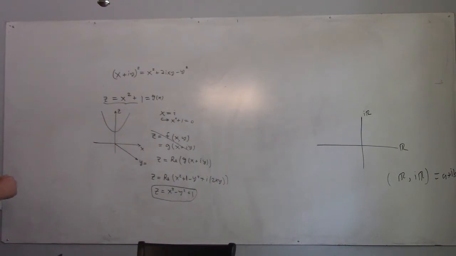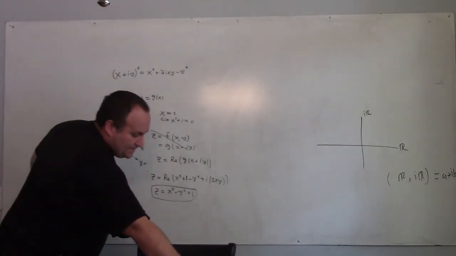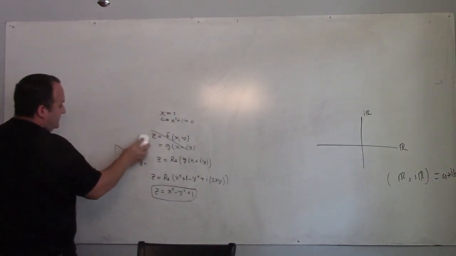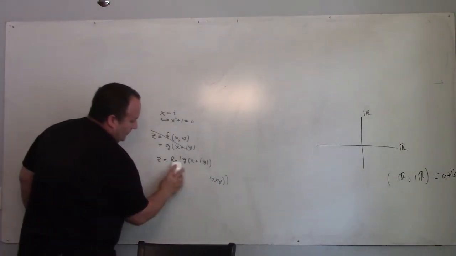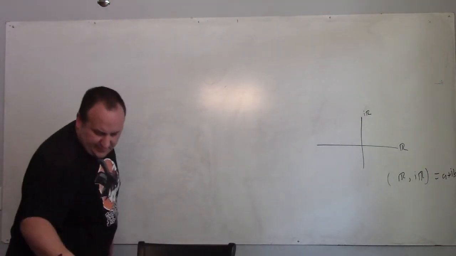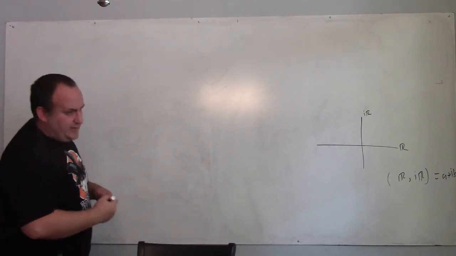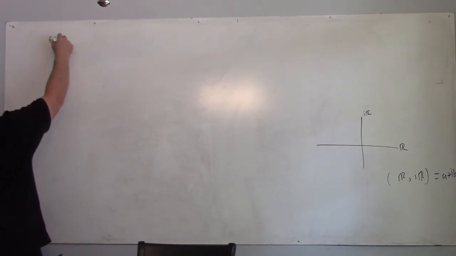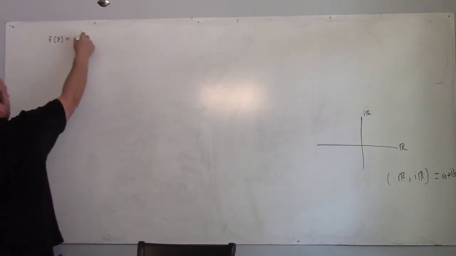Okay. And there are lots of websites like this. Let me try to give an example of this idea I'm talking about. So we'll look at a relatively simple function, f of z equal to 1 over z.